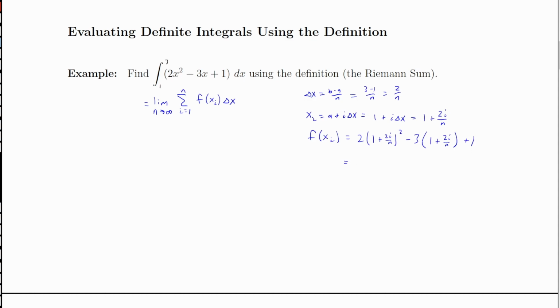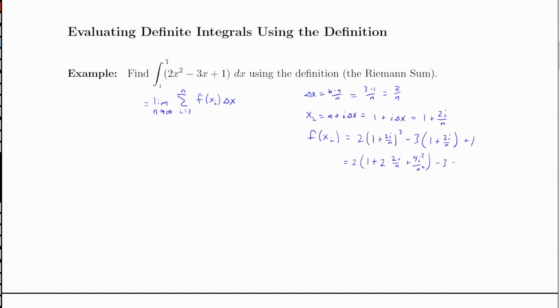Let's work this out and simplify as much as we possibly can, just like we did with the limit definition of a derivative, where we would simplify before plugging back into the limit definition. So I'm going to FOIL out (1 plus 2i over n) squared: 1 plus 2 times 2i over n plus 4i squared over n squared.